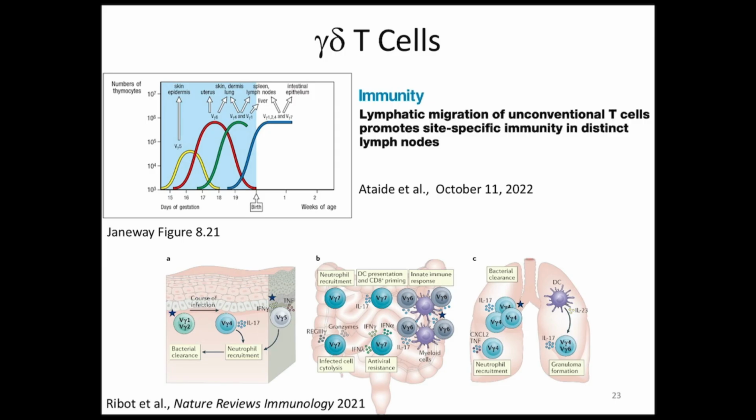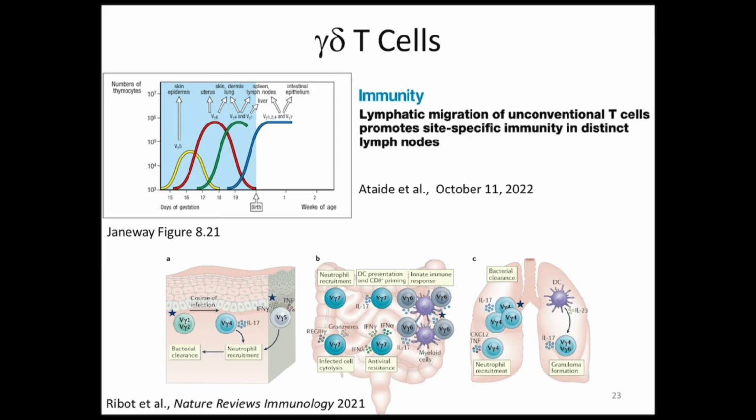They are developing in a lot of cases before birth, and they seem to be largely going to barrier organs, and they have weird actions that make them in some ways act more like innate cells than adaptive cells. So sometimes they are talked about as being one of our innate-like lymphocytes.